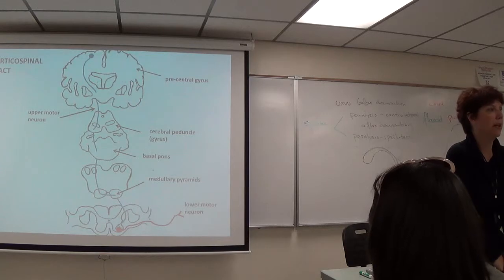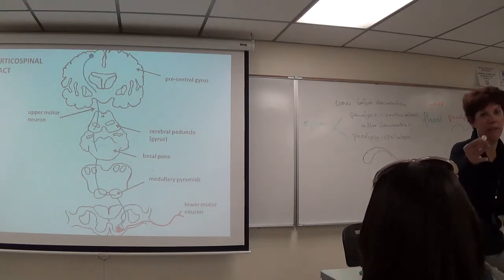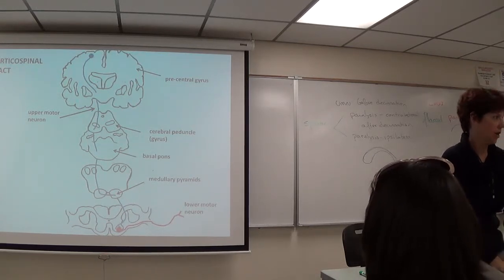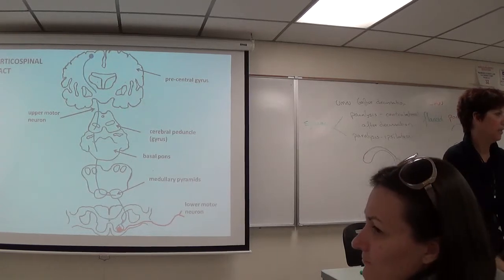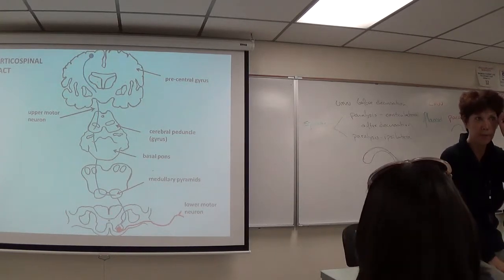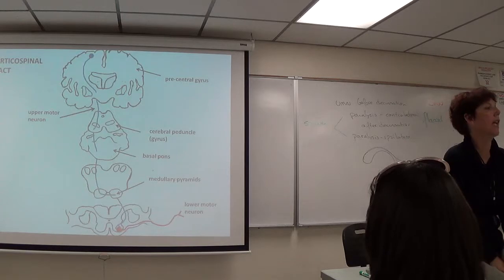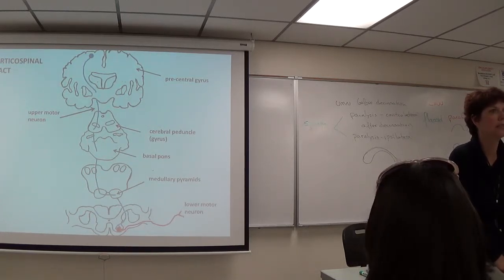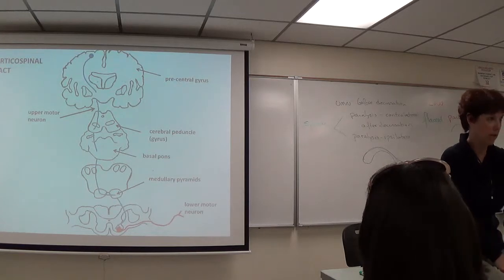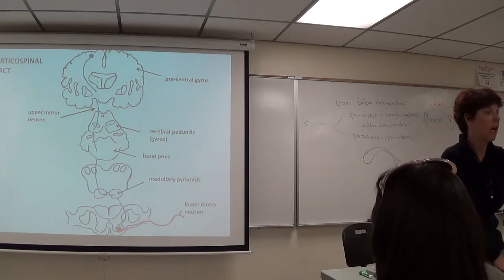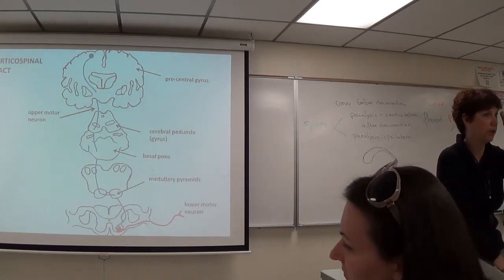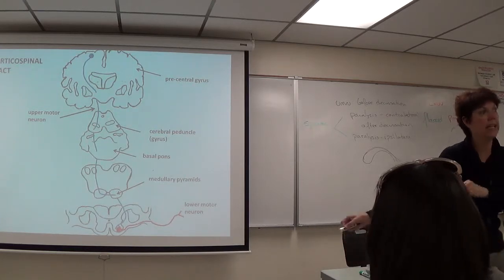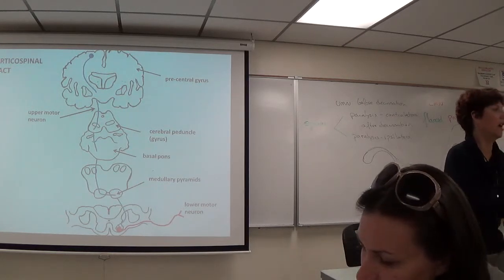So what's the pupillary reflex? Shining a light in someone's eye, the result is the pupil constricts. Okay? So what would be the 2 cranial nerves involved? Oculomotor is going to cause the pupil to constrict, but how are we going to get that sensory impulse to the oculomotor nerve?